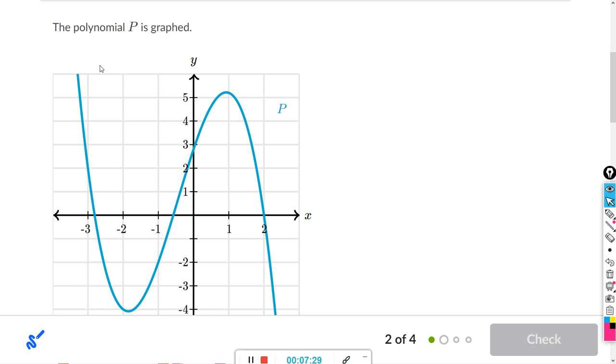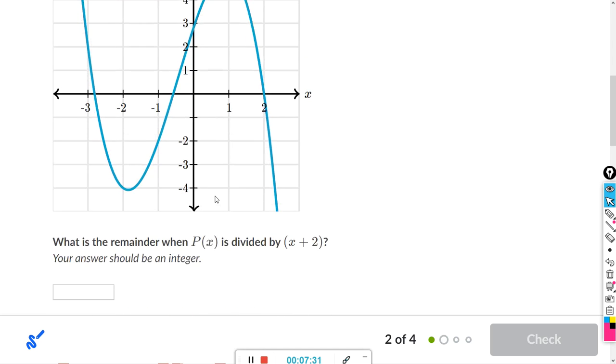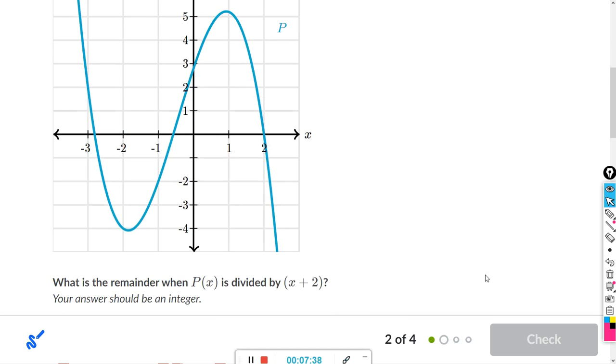One more with the graph. The polynomial is graphed. What's the remainder when the polynomial is divided by x plus 2? When you're dividing by x plus 2, you're plugging in x equals negative 2. Always change the sign.